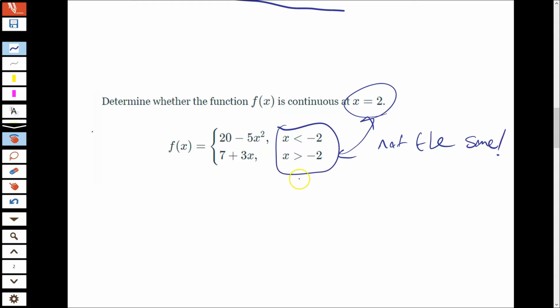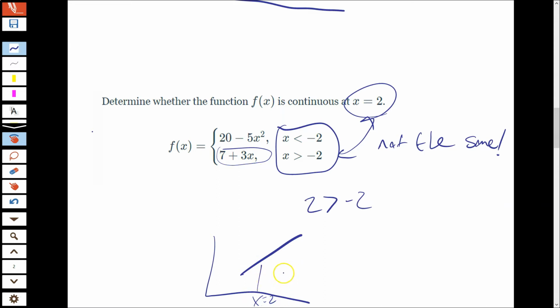So what that means is, let's look at this a little bit. X equals 2 is just strictly in this piece, right? So x equals 2, 2 is bigger than negative 2. So that piece of the graph, well, that's just a straight line. And then maybe we have x equals 2 here, right?